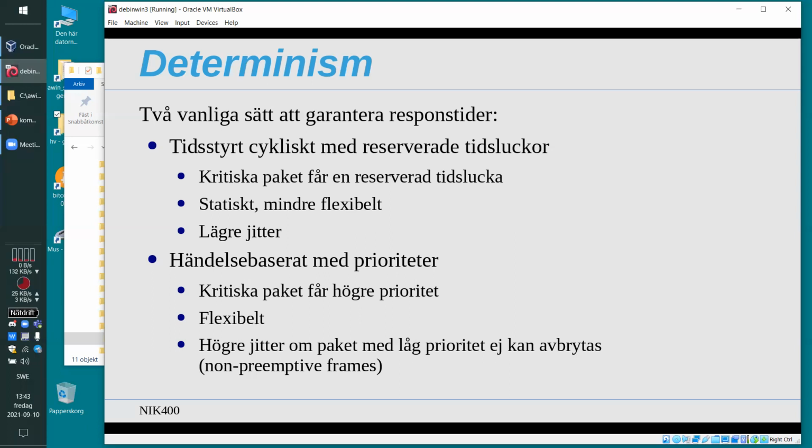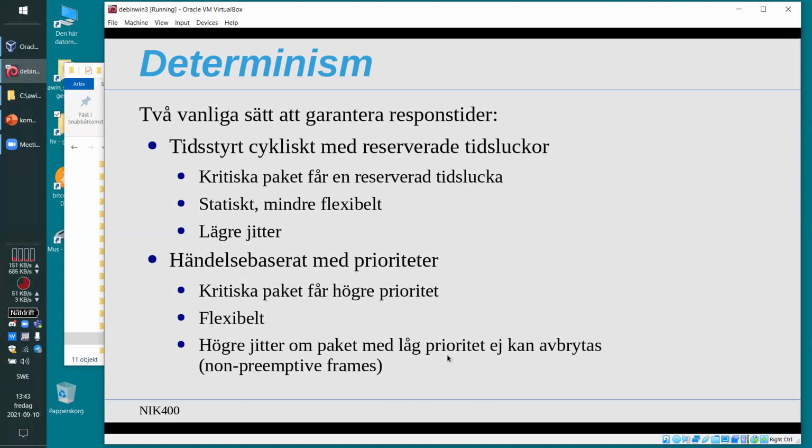And in many networks, you cannot interrupt one packet or one frame. You must finish the transmission of one frame before you can start sending a higher priority frame. And that introduces some delay.